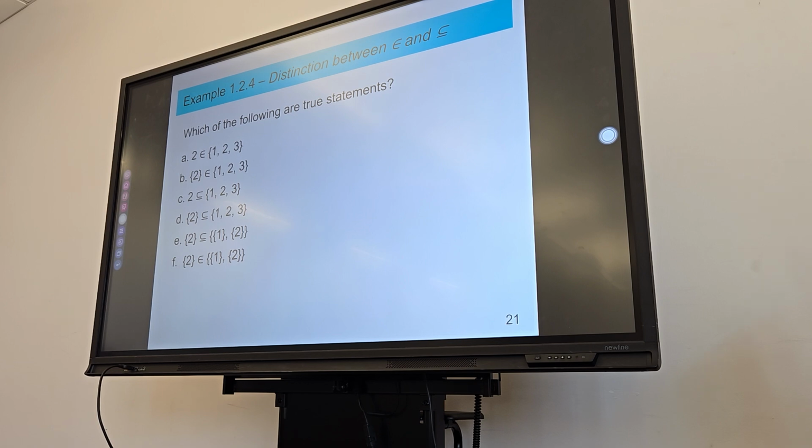Let's see here. The set with the single element 2, is it a subset of the second set? It's an element, not a subset. The set of just 2 is contained within the second set. If there was just 2 with no curly brackets on it, would it be a subset?